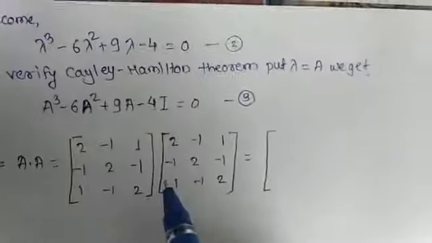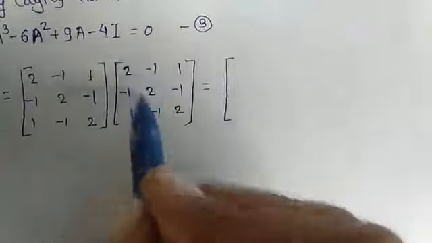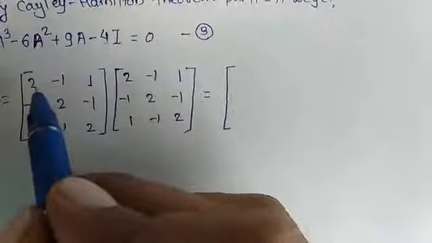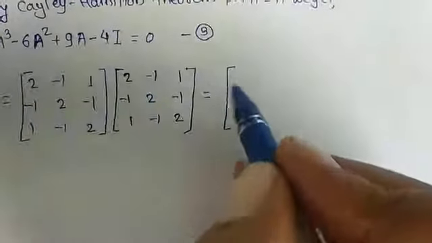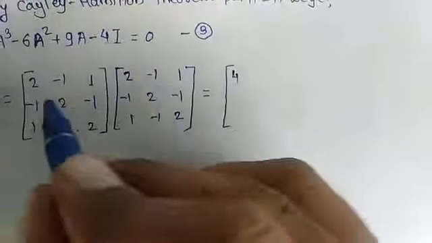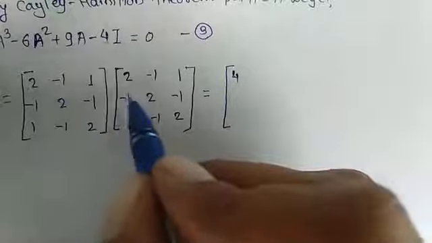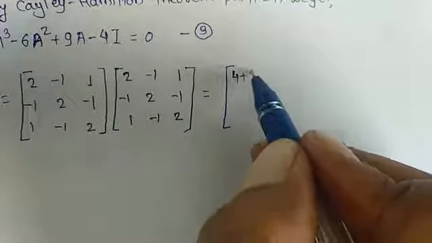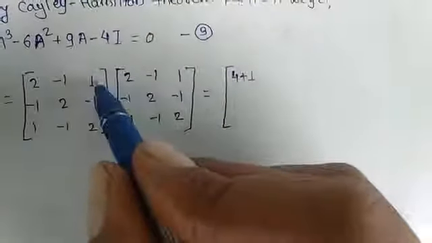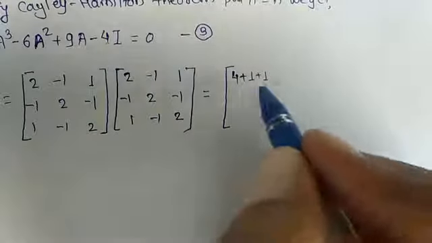First row, first column will be our first position, which is 2 into 2, 4. We write here 2 into 2, 4, plus, we will check whether here it is minus 1 into minus 1, plus 1, which is equal to 4 plus 1. 1 into 1 is 1, which is equal to 4 plus 1 plus 1.